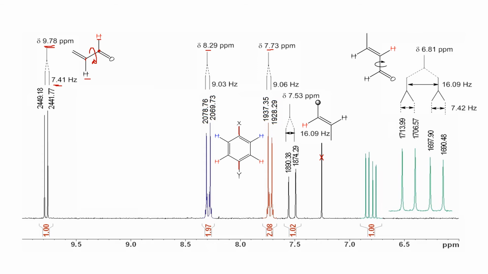For the peak at 7.53, doublet with J value 16, which means that we have a proton in trans with another proton, coupled with J value 16, and the peak at 6.81, that's a doublet of doublets, J values 16.09 and 7.42, belongs to this proton.